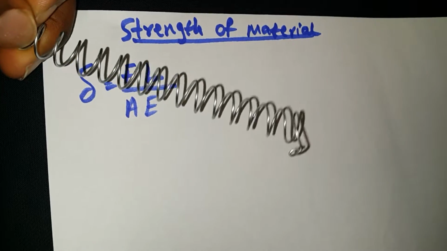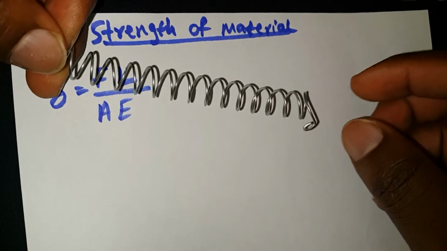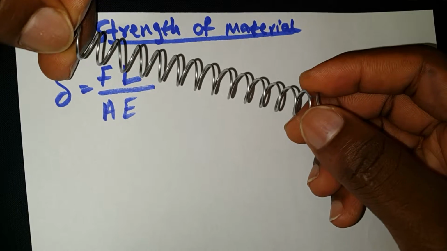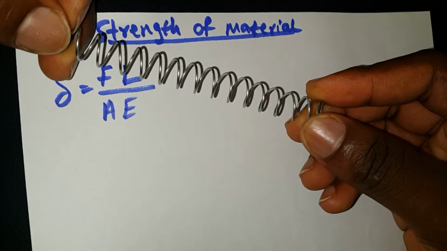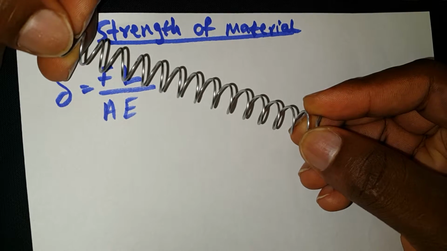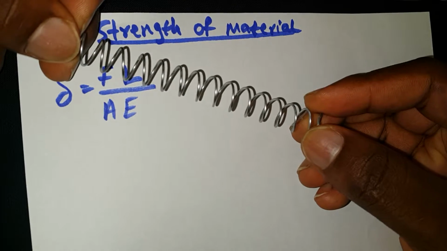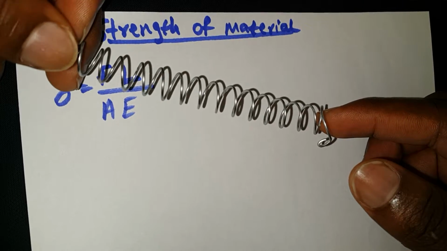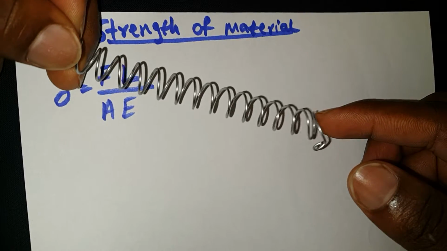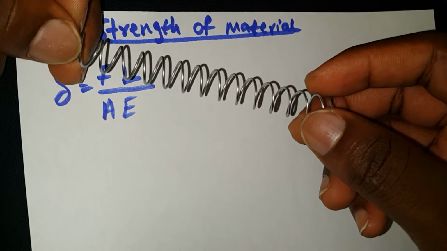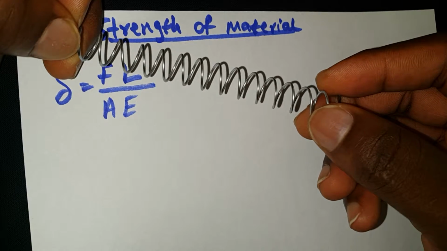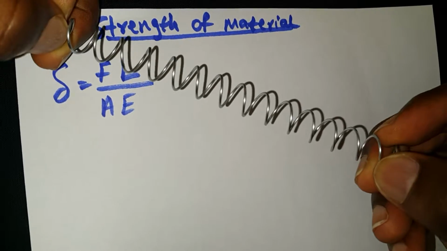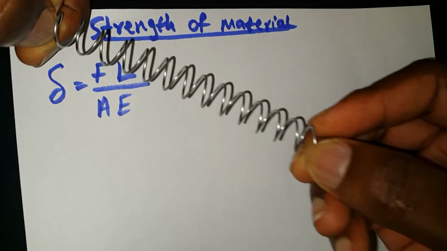Let's say from here, from this finger to here, is approximately 10 centimeters. And now let's say this finger here is fixed. Then we apply a stress here, a force here.